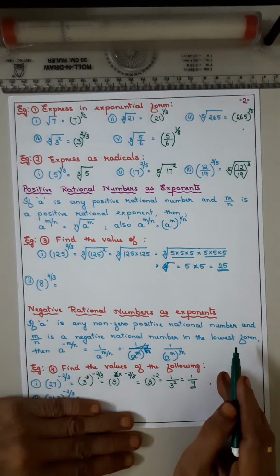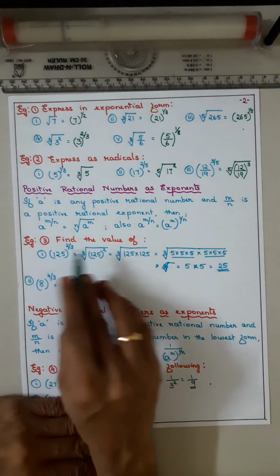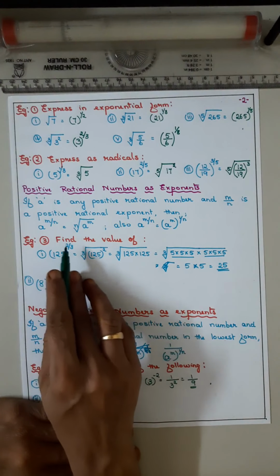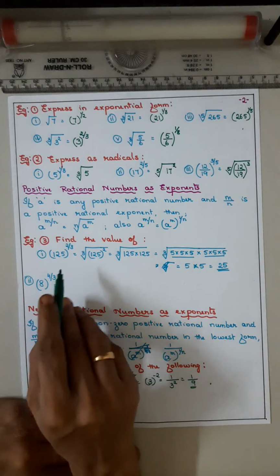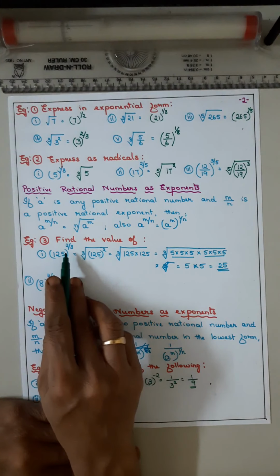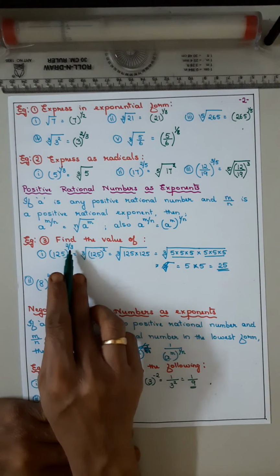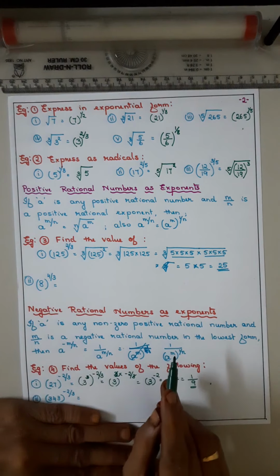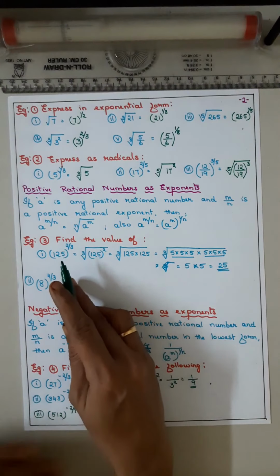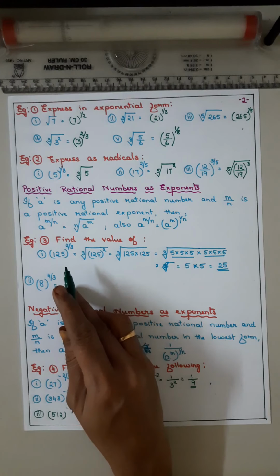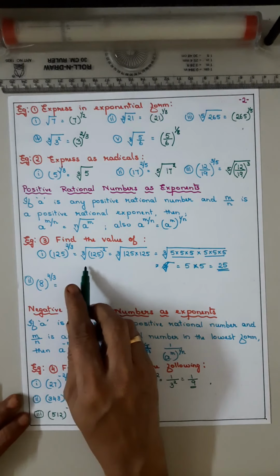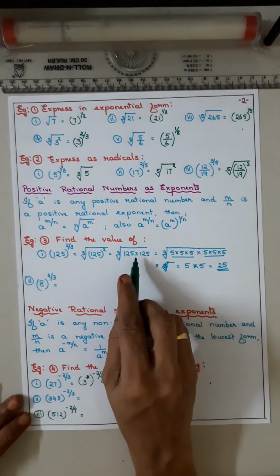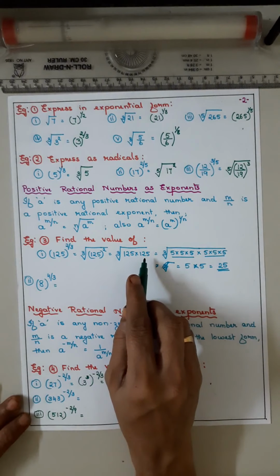Okay. Now example 3. Find the value of 125 the whole power 2 by 3. So how will you write? The 3 will come out. So cube root of 125 squared. Yes or no? 125 to the power 2 by 3 can be written as cube root of 125 squared. Now open it: cube root of 125, 2 times.